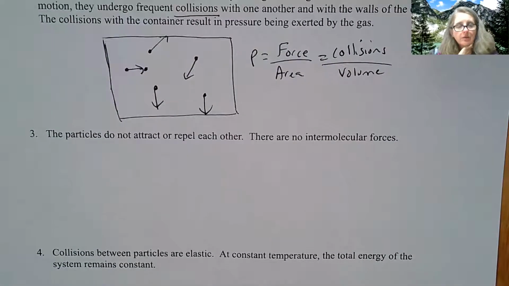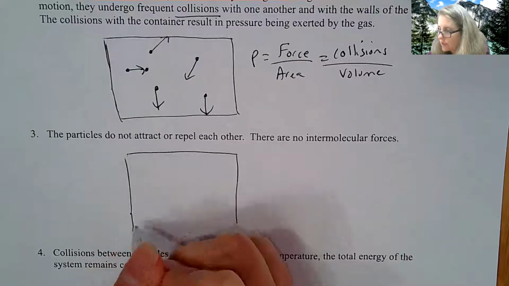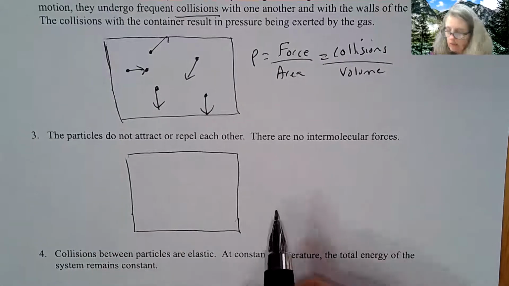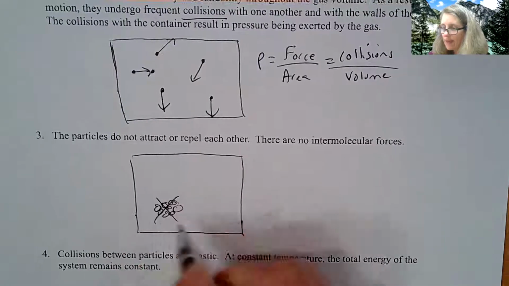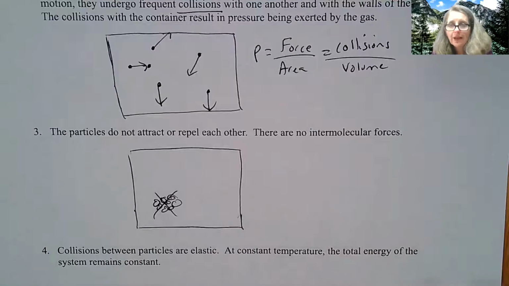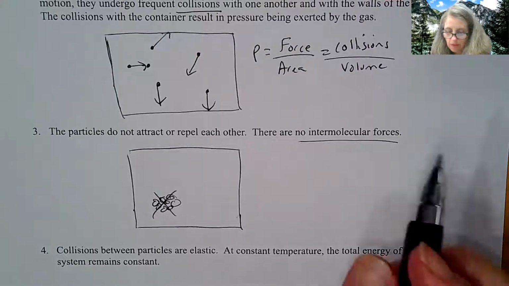Number 3, particles do not attract or repel each other. What you're trying to show in this picture is that you don't have them all clumped together. That's not how we envision gases. We are going to assume they have no intermolecular forces, and we will talk more about intermolecular forces in the next chapter.